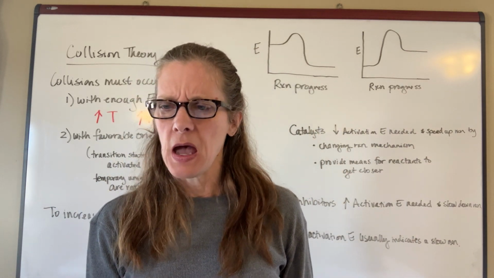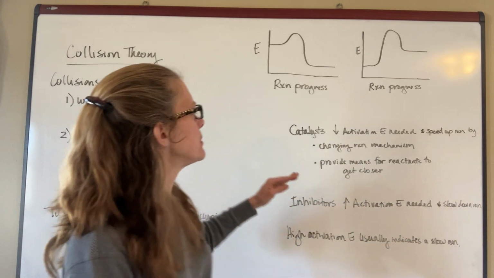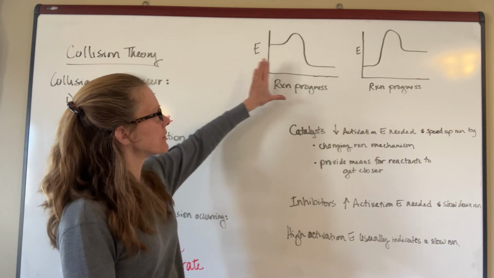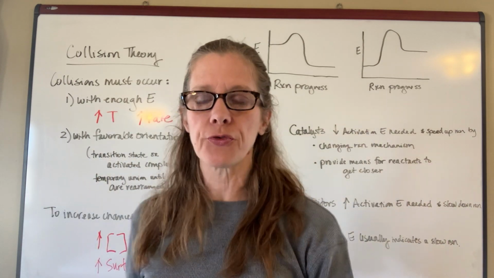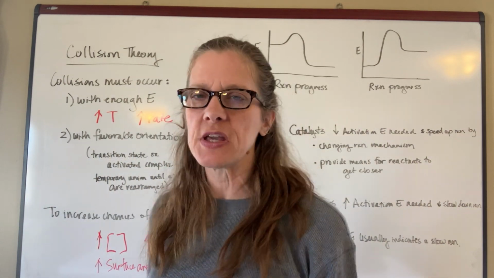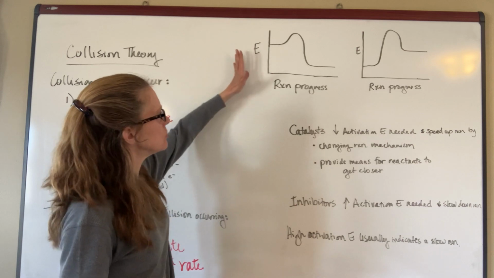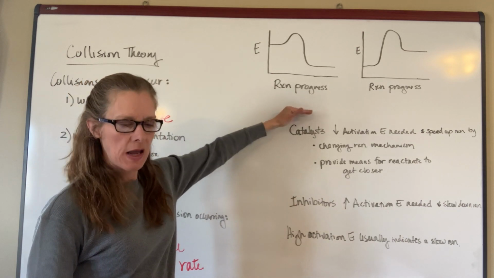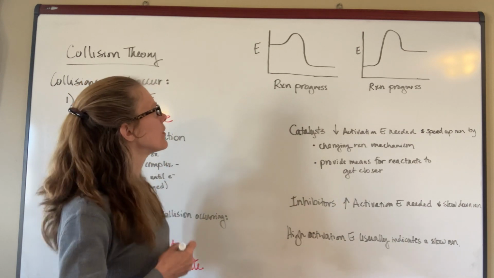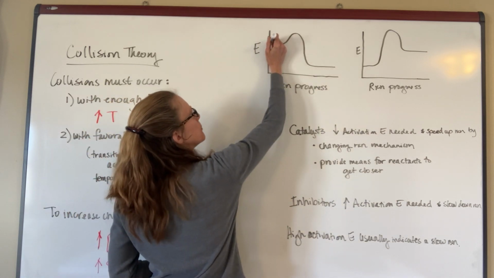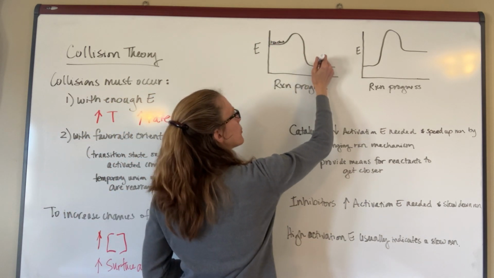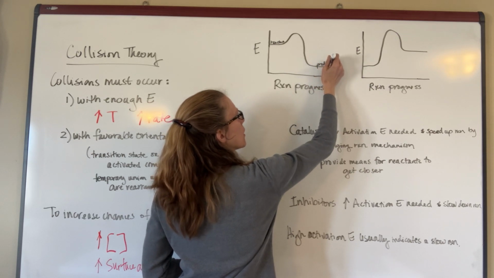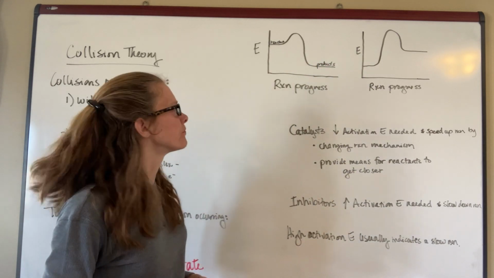Another thing that we need to keep in mind are these graphs. Again, these are graphs that we looked at in your first year course, but these are graphs of potential energy versus reaction progress. And so hopefully you recall that if I look at this, my reactants are located over here and my products are located over here.